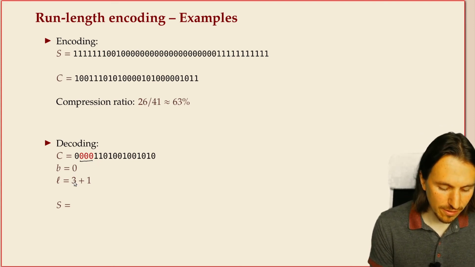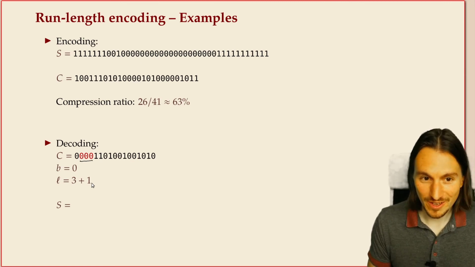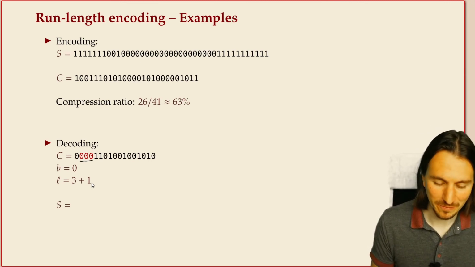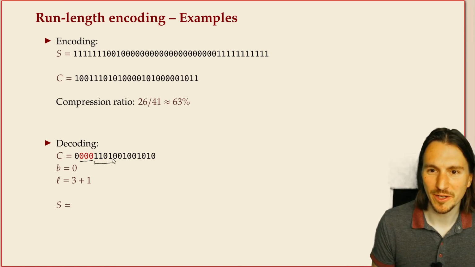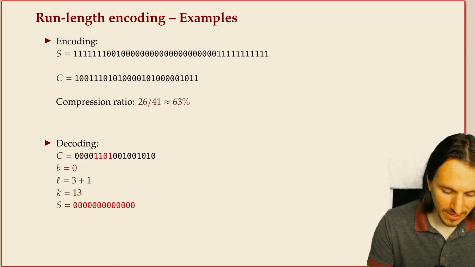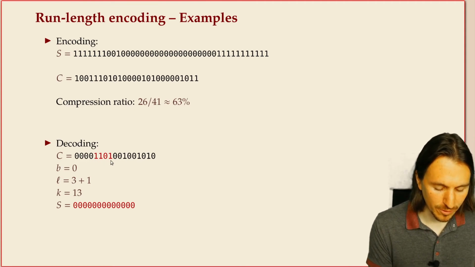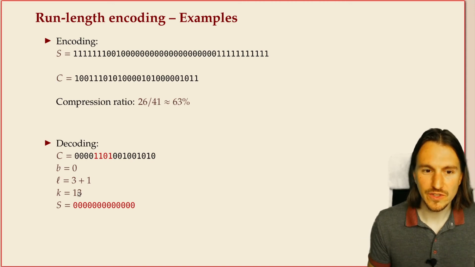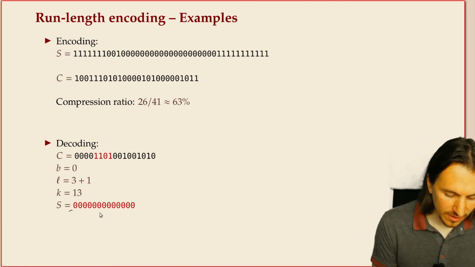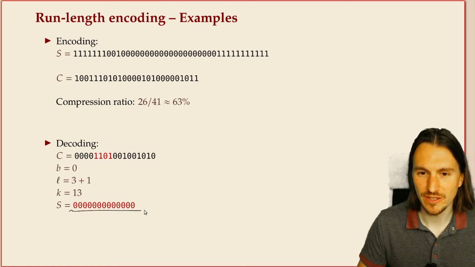In this case, there's 3 zeros, so the length of the binary representation of the run length is 4 bits. So you take the next 4 bits and decode that in binary. That happens to be 13, 8 plus 4 plus 1. So you know you have the 13 is the encoded number. And so you write 13 zeros in the decoded source text.